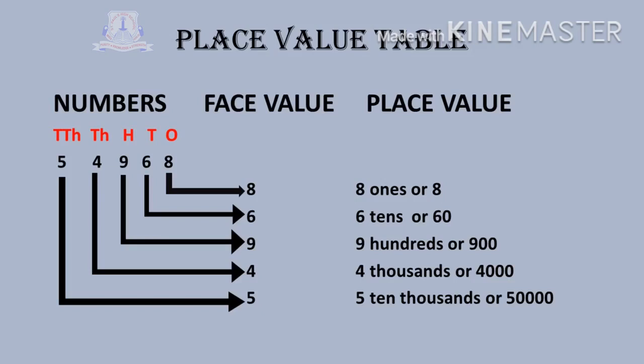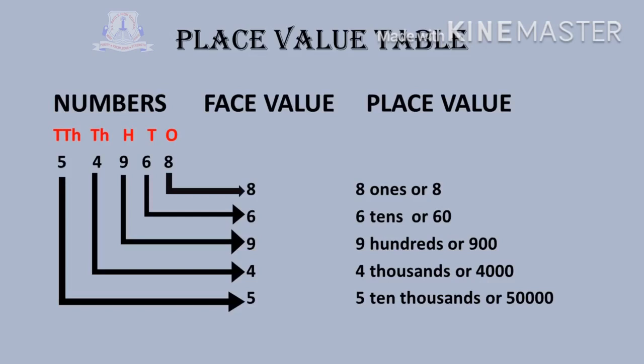The next number, that is 6, which is in the tens place. What is the face value? 6. And place value? 6 tens or 60. The number in the hundreds place is 9. What is the face value? 9. And place value is 9 hundreds or 900.